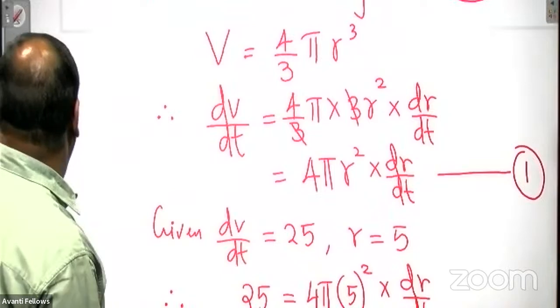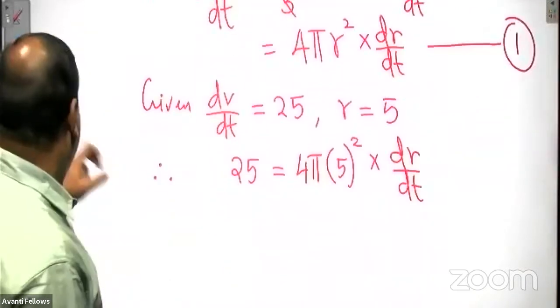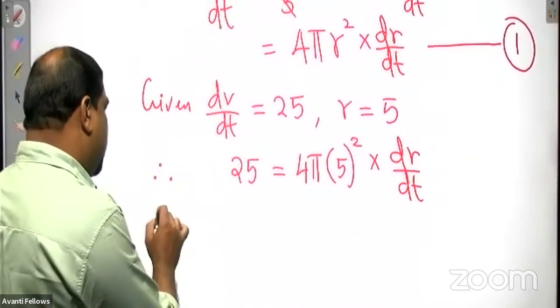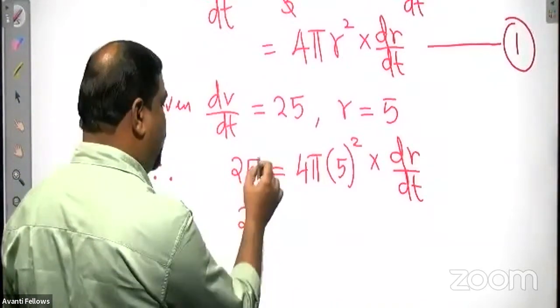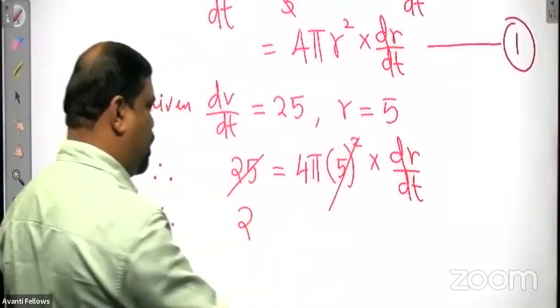Except dr by dt, everything we know, so you can calculate dr by dt from here. You can cancel directly; 5 square means 25.